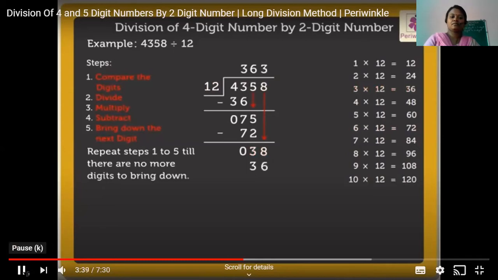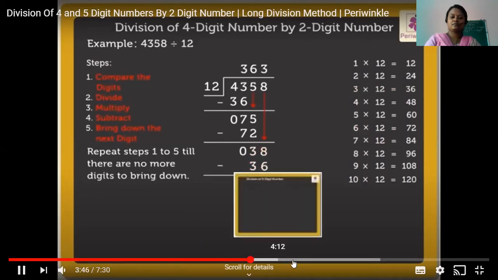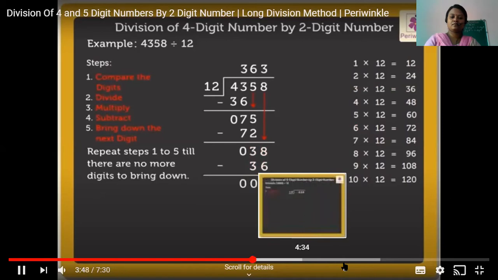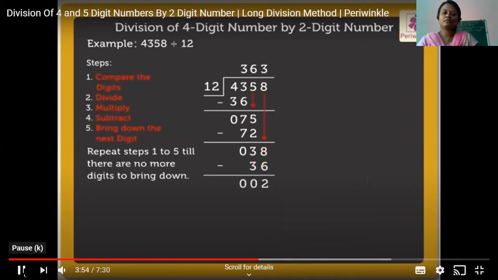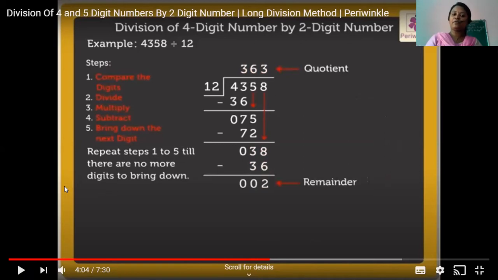Next, subtract 36 from 38, which is equal to 2. Now, as there are no more digits to bring down, we have finished our division. Thus, we get the quotient as 363 and remainder as 2. So in this way, here we have learned division of a 4-digit number by a 2-digit number.